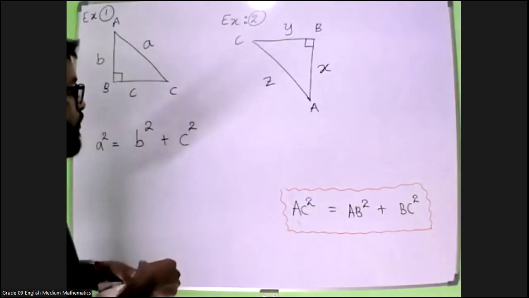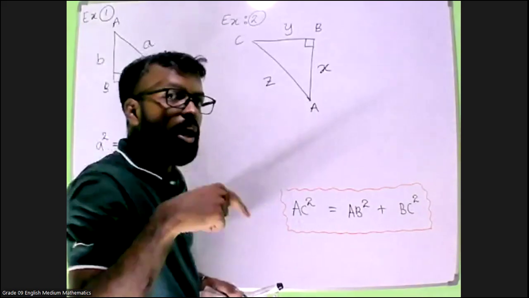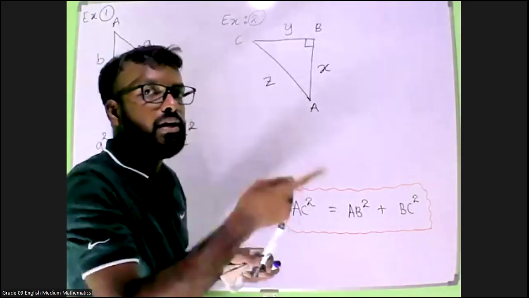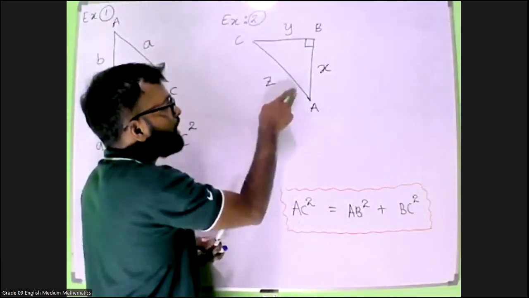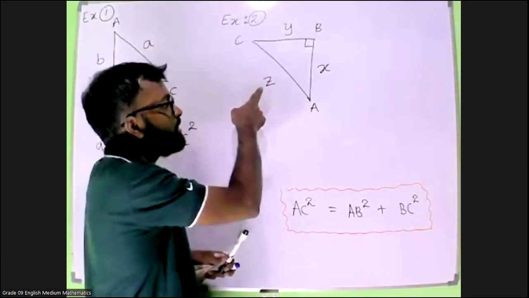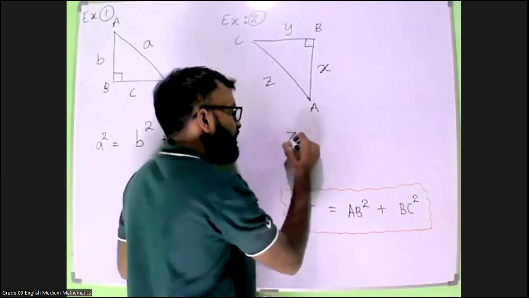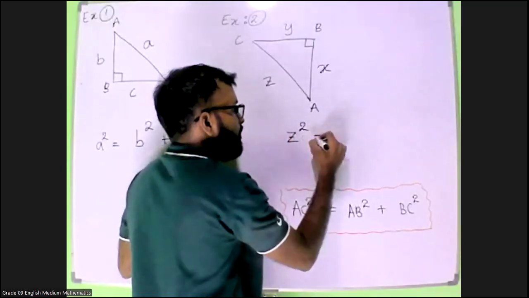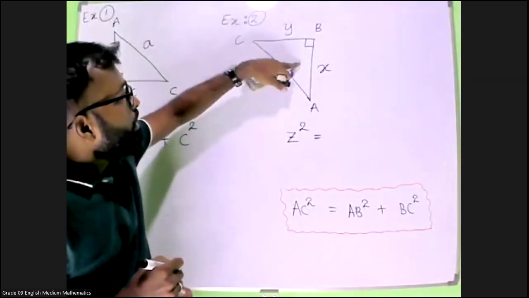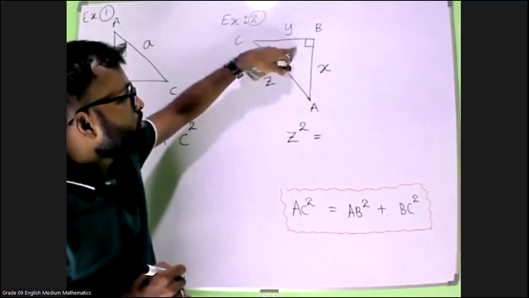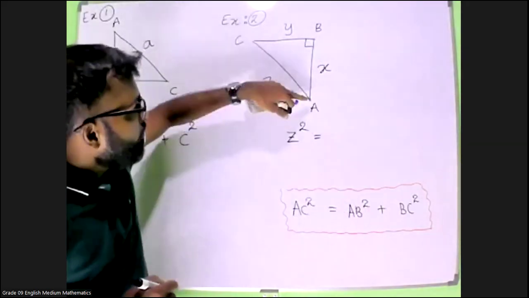First of all, AC squared. AC squared means the length of the hypotenuse should be multiplied by its length. Hypotenuse times hypotenuse. The hypotenuse is AC, and its length is Z. That means Z square equals the summation of the squares of the other sides.